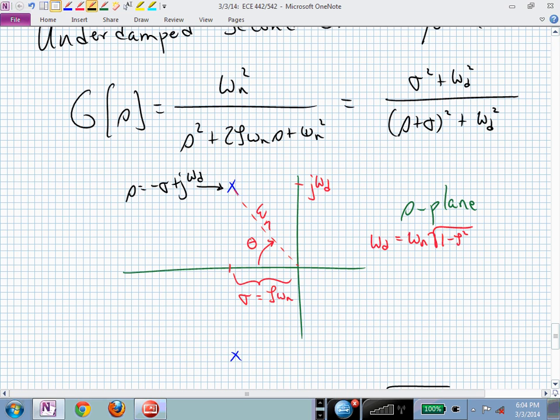Meaning, as we could swing this set of poles, that's supposed to be a semicircle, and when we would get up to this point, what is zeta? When our poles are right on the imaginary axis, we do not have any damping. If we don't have any damping, our damping ratio is 0, so we have just an oscillator, two poles right on the imaginary axis.